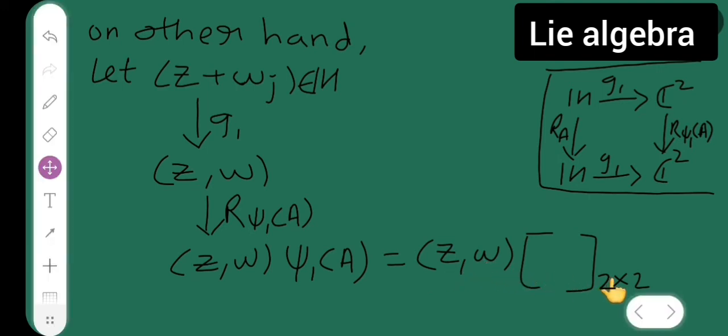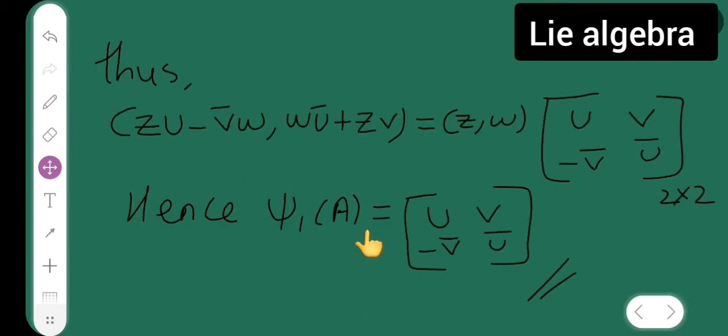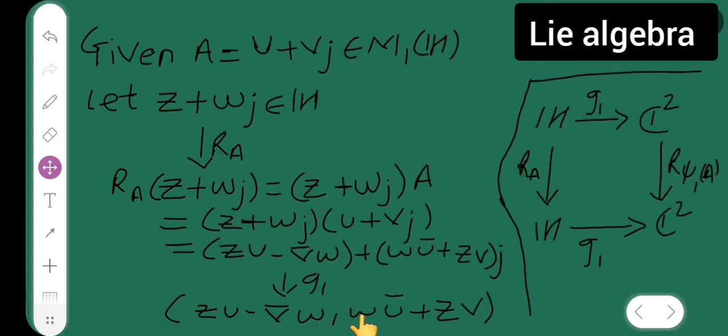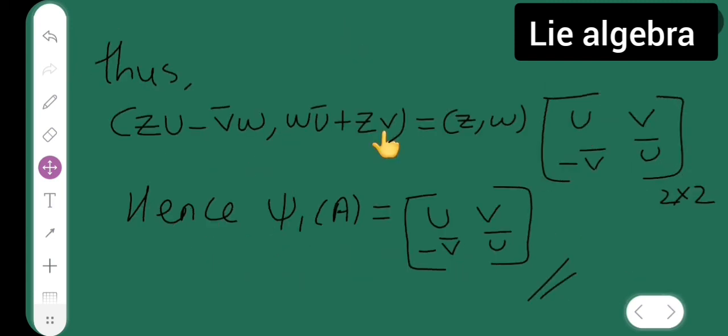Thus (z u minus v conjugate w, w u conjugate plus z v). Now this you have taken from part 1, from here, and you wrote it here.